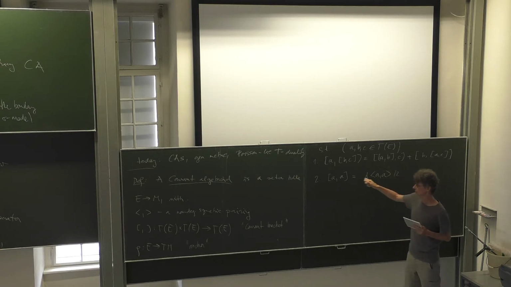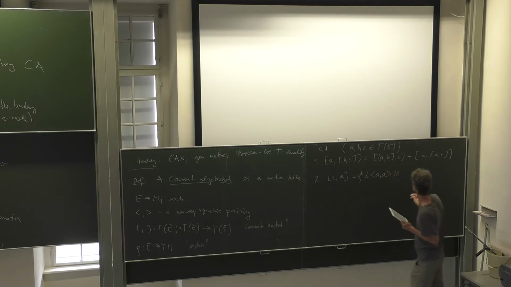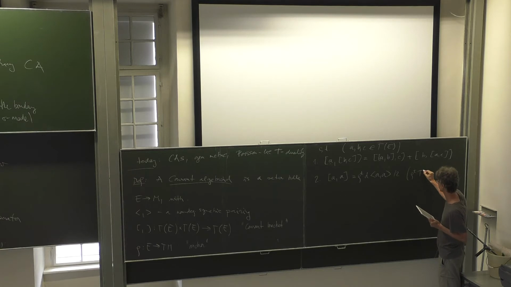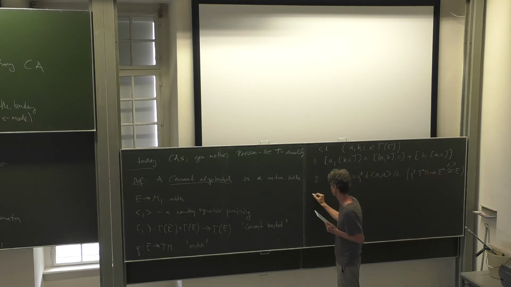I want to make it a section of E, so this is done with the transpose of rho. Here the transpose of rho goes from T star M into E star, but this we just identify with E using the pairing. This is the odd axiom in some sense. Everything else is done very easily, or naturally.